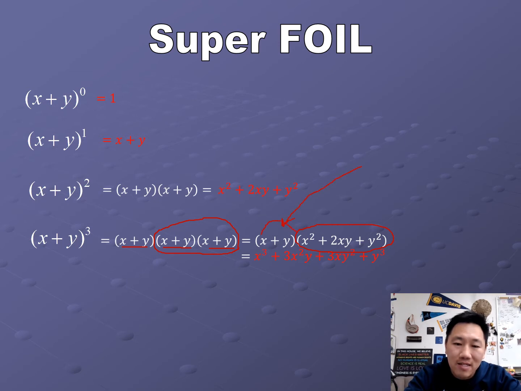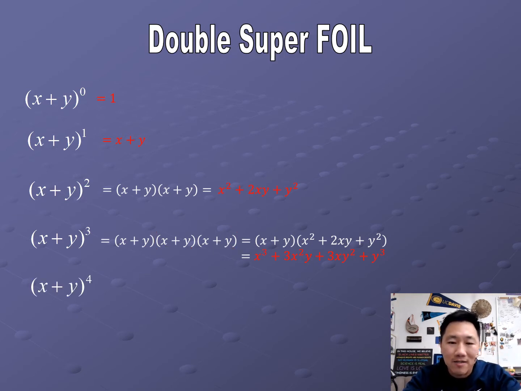So take the x, distribute it into all 3. Take the y, distribute it into all 3. Combine like terms, and you should get x to the third plus 3x squared y plus 3xy squared plus y to the third. All right, we're going to keep going.